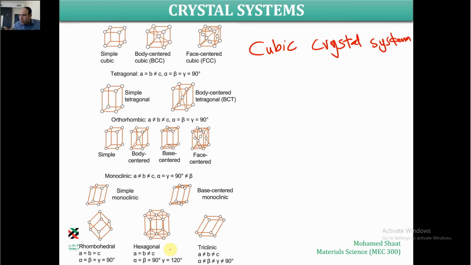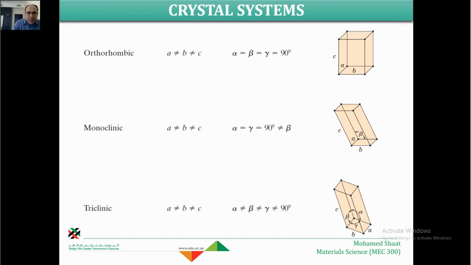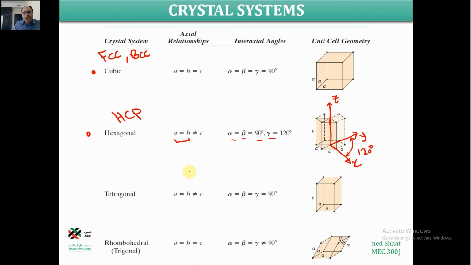So we have the hexagonal crystal structure, and we have the hexagonal close-packed crystal structure. The hexagonal close-packed contains three layers, but the hexagonal crystal structure contains only two layers of atoms, the one on the top and the one on the bottom, and that's it. There is no middle layer. Make sense? So both are located in one system known as the hexagonal crystal system.